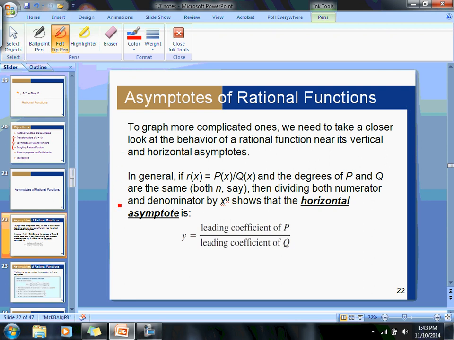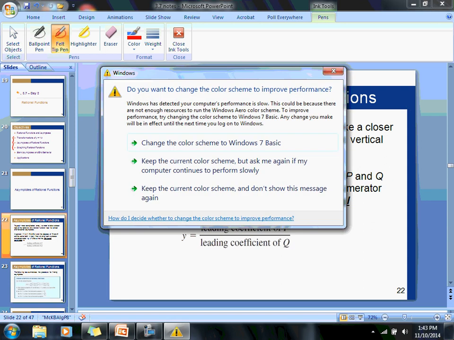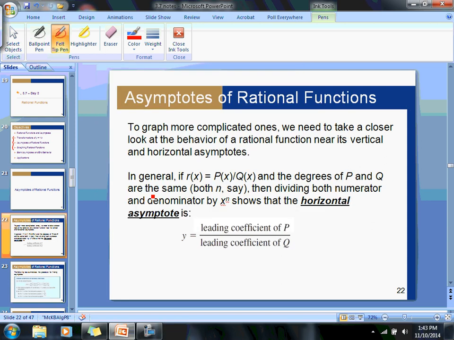And when we're dealing with our horizontal asymptotes, we need to focus on the degree of the numerator. And this we went over yesterday, okay? If the degree of the numerator is equal to the denominator, then we're going to use a ratio of the lead coefficients.